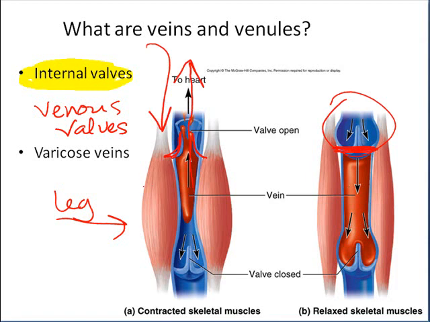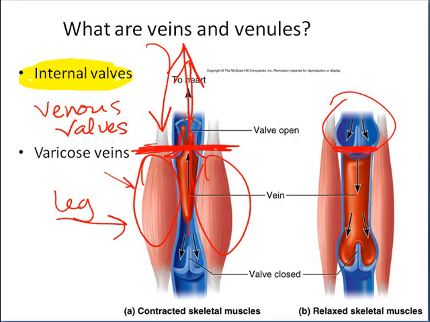This process is assisted by skeletal muscles on either side of the vein. So every time these skeletal muscles contract, they squeeze blood up through the next venous valve. And then when the muscle relaxes, the blood drops back, but it can only drop back to this level because the valve prevents it from dropping further back.